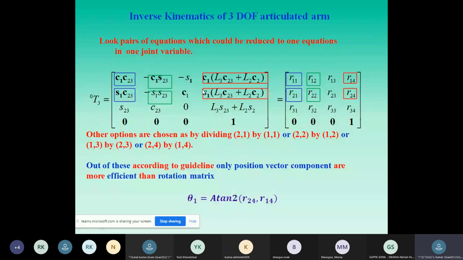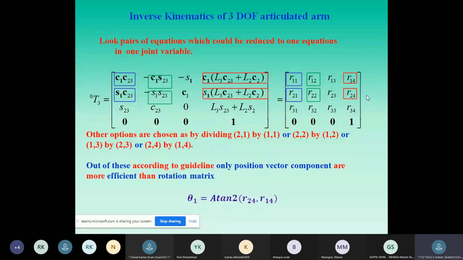Then we will get only a function of tan theta 1 here. From the three equations we get tan theta 1 with one variable. Which equation do we have to take?